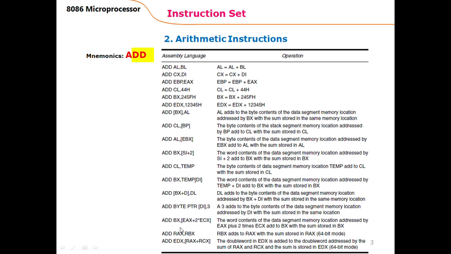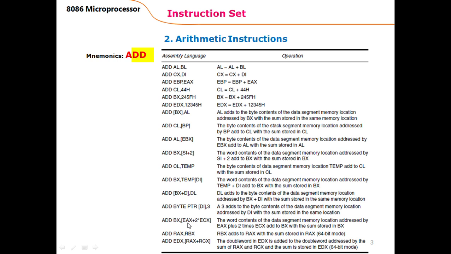This is an addressing mode which is called scaled addressing mode, which is not available in the 8086 microprocessor, but available in higher members of the family. So here the data segment memory location is addressed by the offset address computed as follows.